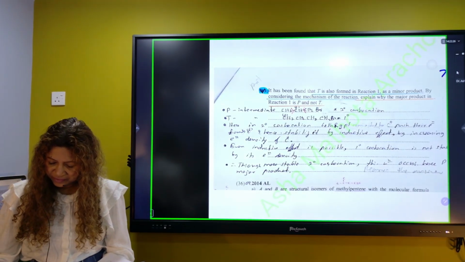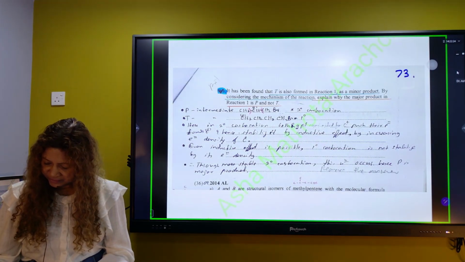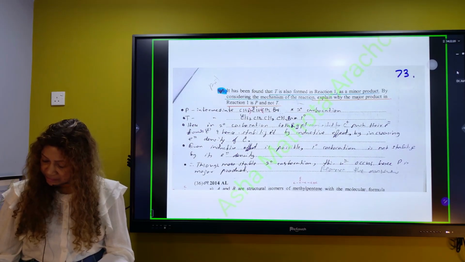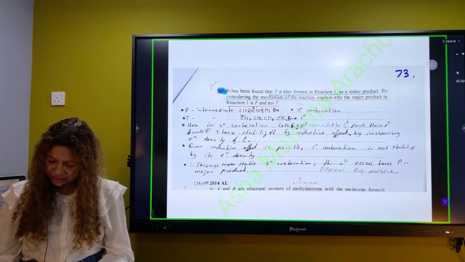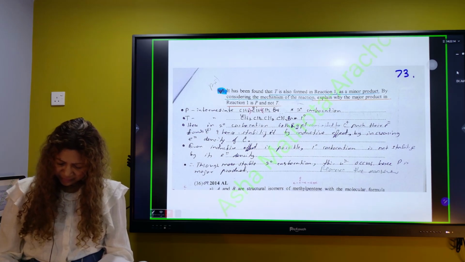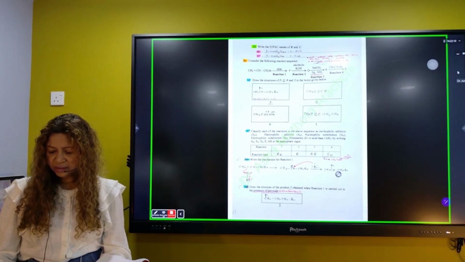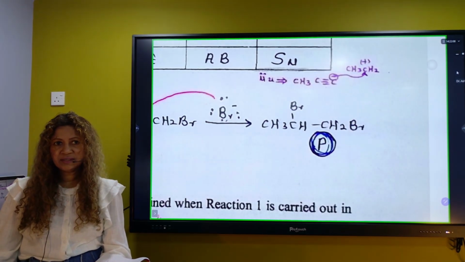It has been found that T is also formed in reaction 1 as a minor product. By considering the mechanism of the reaction, explain why the major product of the reaction is P. And this is P.